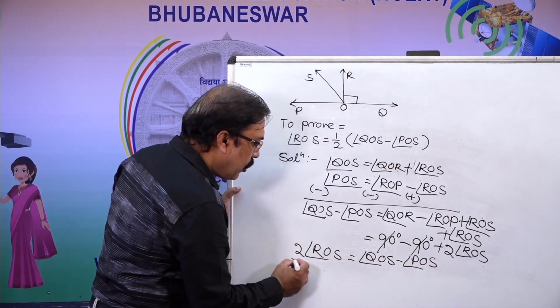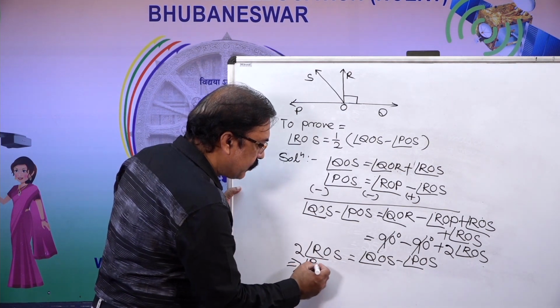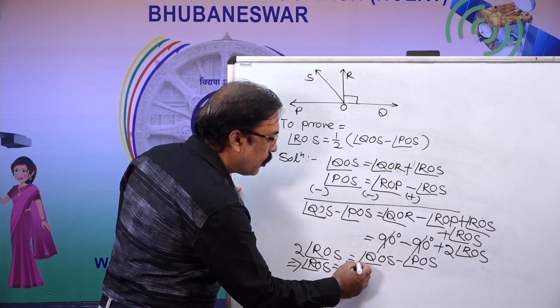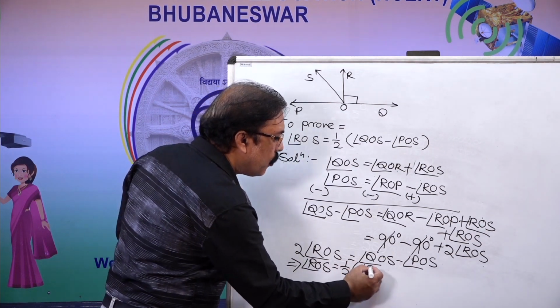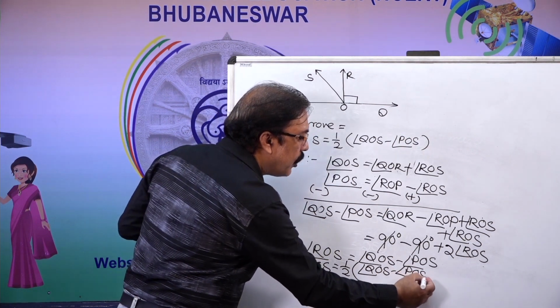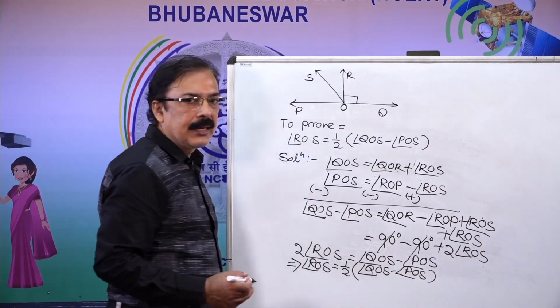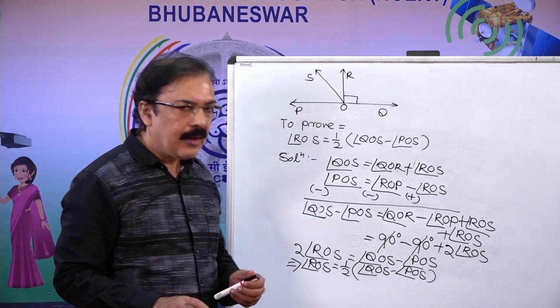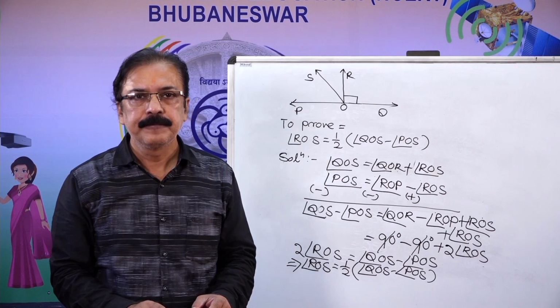So angle ROS is equal to 1 by 2 of angle QOS minus angle POS. So this is the solution of this question.